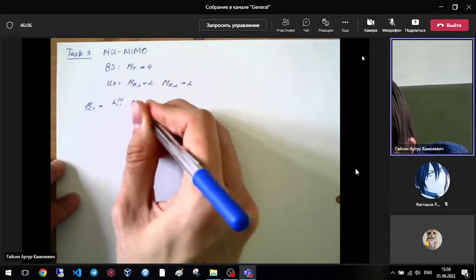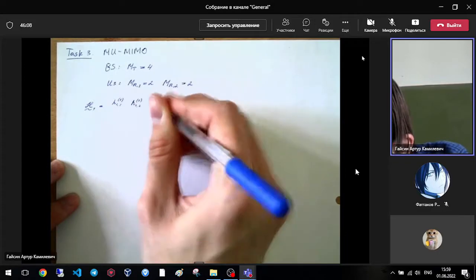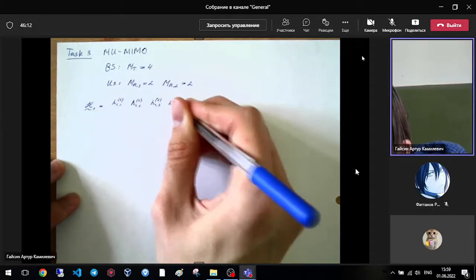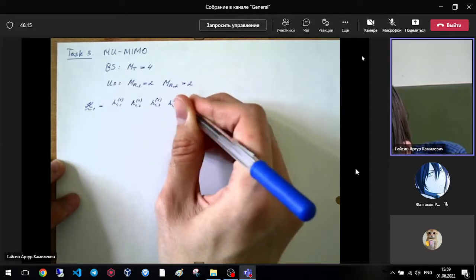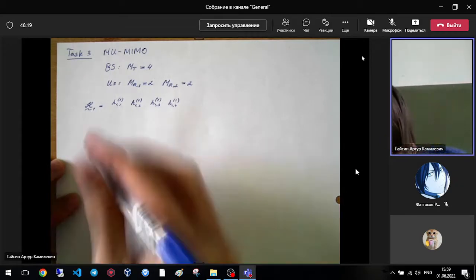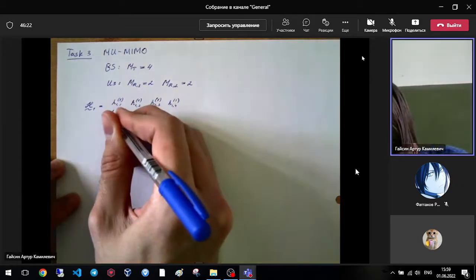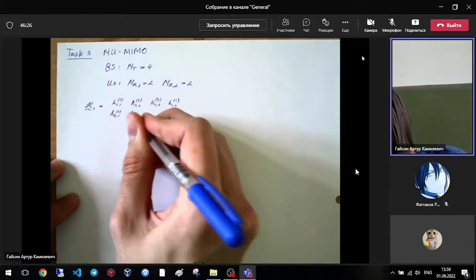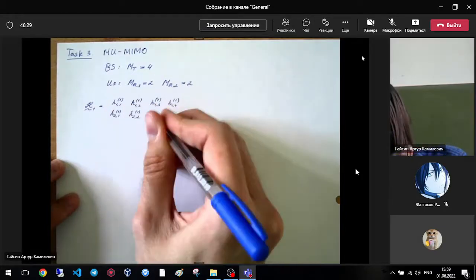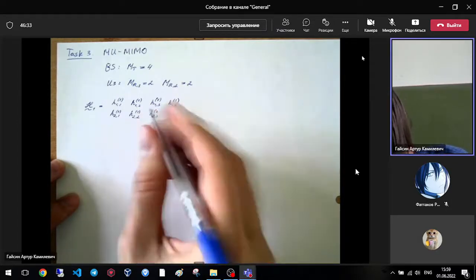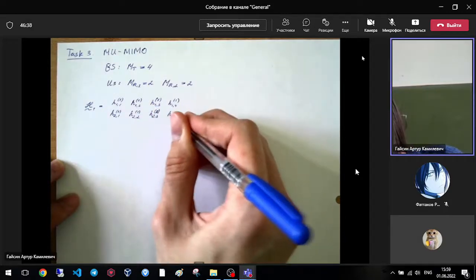Then h12 superscript 1, h13 superscript 1, h14 superscript 1, and the same thing, but second row with first index 2. So h21 superscript 1, h22 superscript 1, h23 superscript 1, and h24 superscript 1.